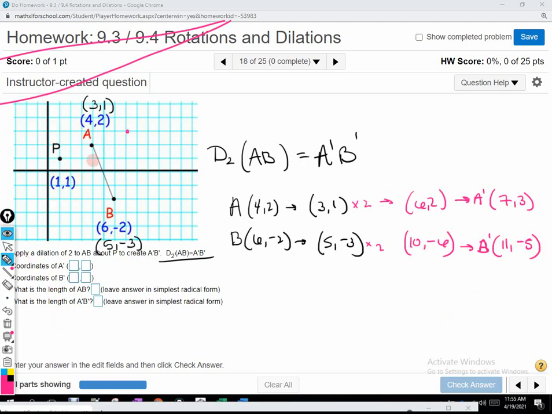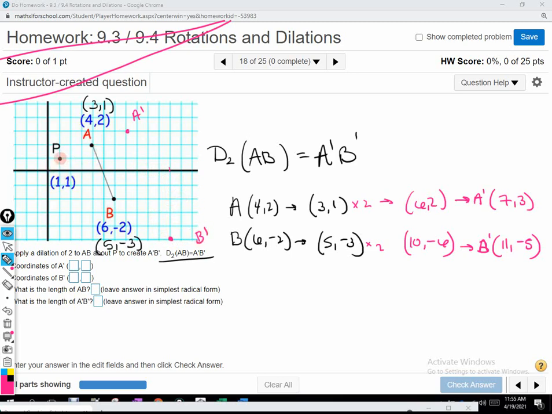Okay. We should be able to see these. So that's 7, 3. That'd be A prime. And if I go to B prime, 11. So 1, 2, 3, 4, 5, 6, 7, 8, 9, 10, 11, and then 1, 2, 3, 4, 5 would be B prime.